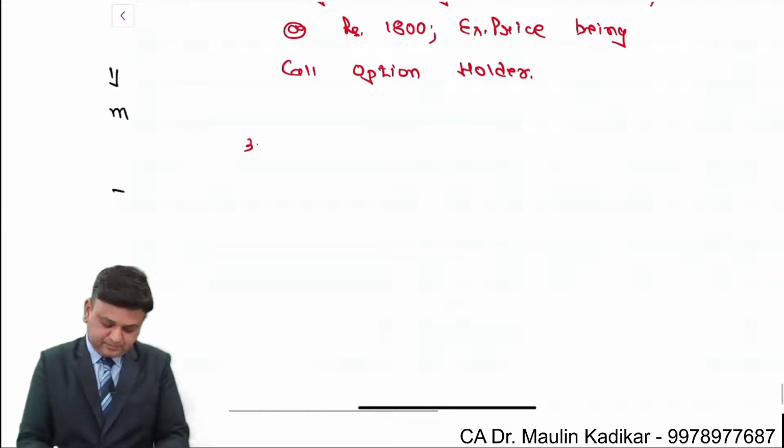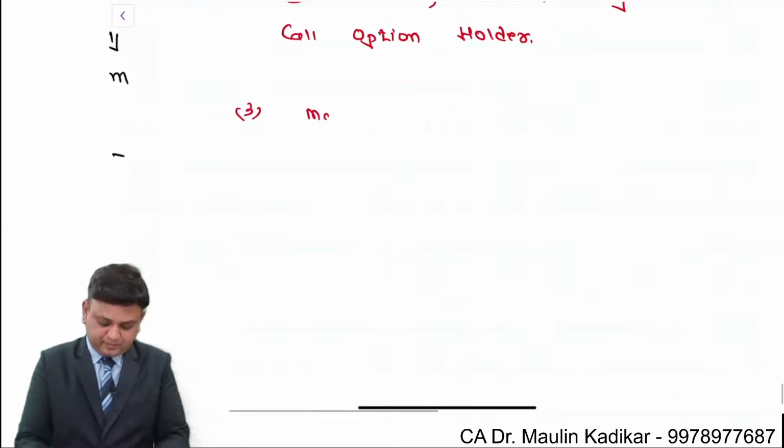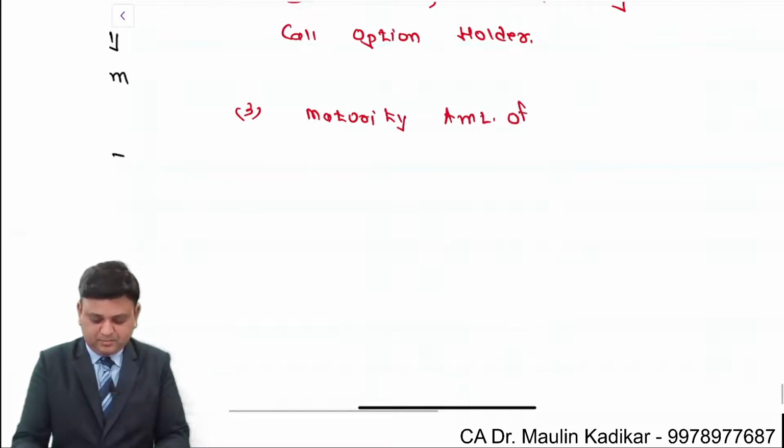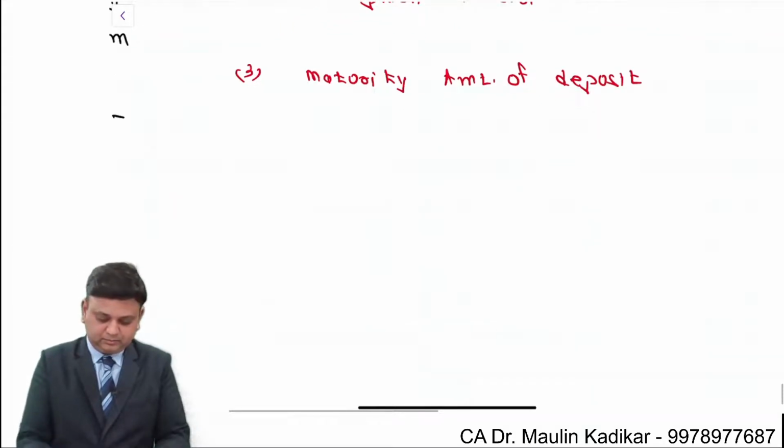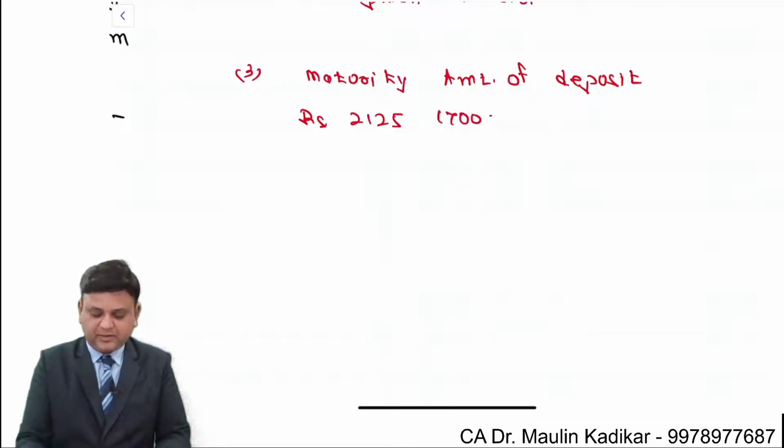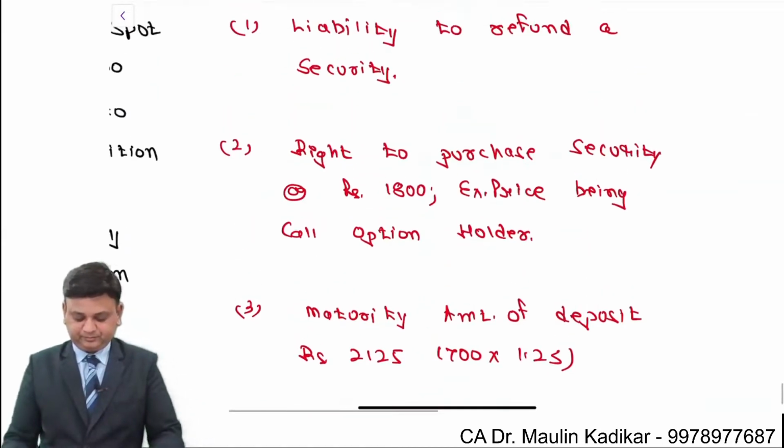Third, maturity amount of deposit rupees 2125. In bracket I am writing 1700 into 1.25.